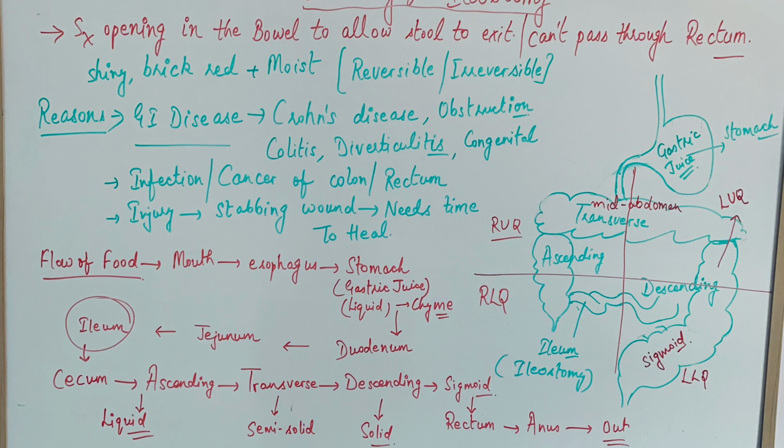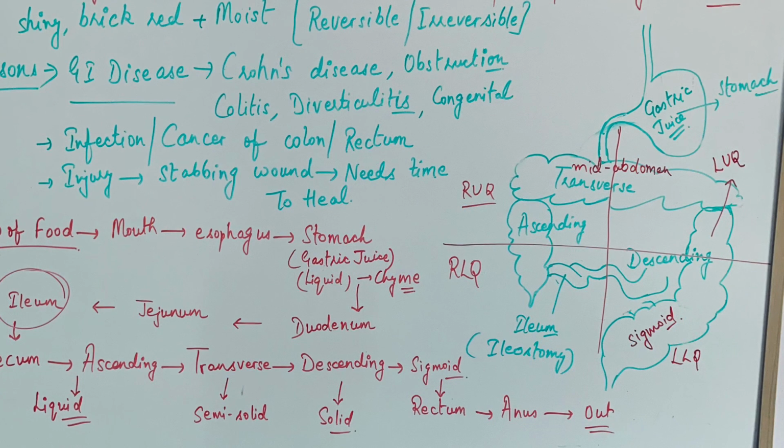After the ileum the food goes to the cecum, and through the cecum it enters the large intestine. The cecum is a part of the large intestine, and from there it goes to the ascending colon, then transverse, then descending, then sigmoid colon, then rectum, and then out through the anus. The food is liquid in the stomach, small intestine, duodenum, jejunum, ileum, cecum, and ascending colon.